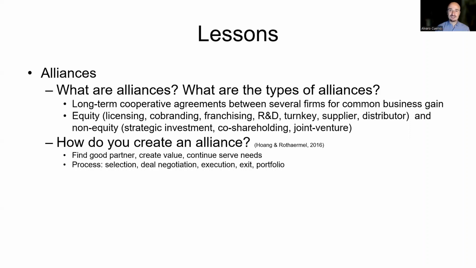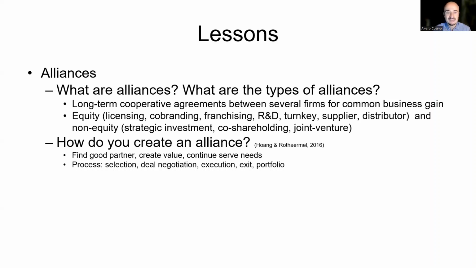The idea here is not just private objectives, but common objectives, and then how we understand it in terms of long-term different types, equity versus non-equity, and depending on whether we are using resources already created, creating new resources or activities, and whether we are just putting a little bit of money in, exchanging participations, or investing in companies together.